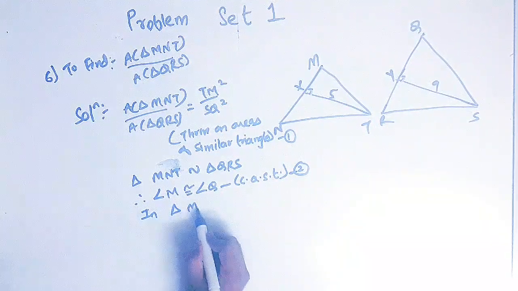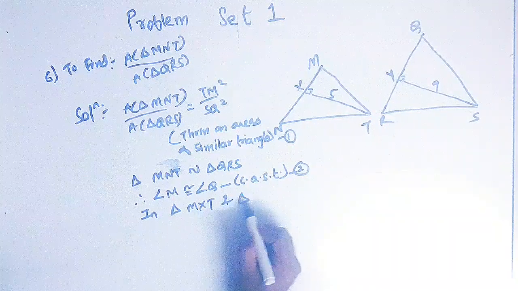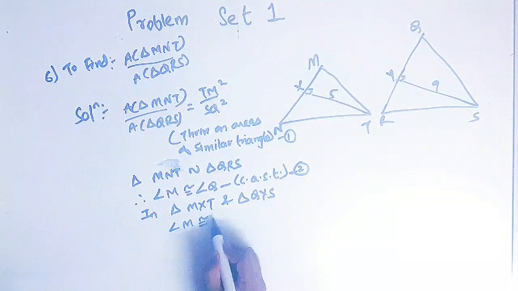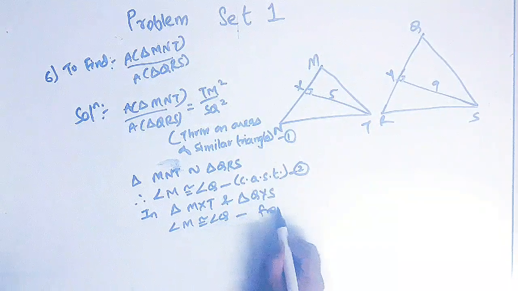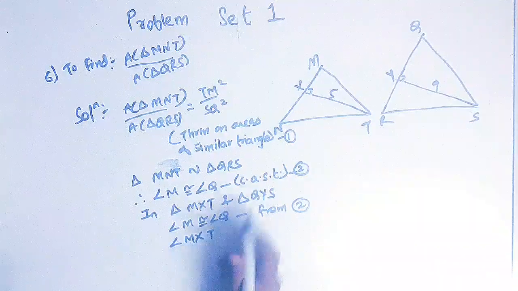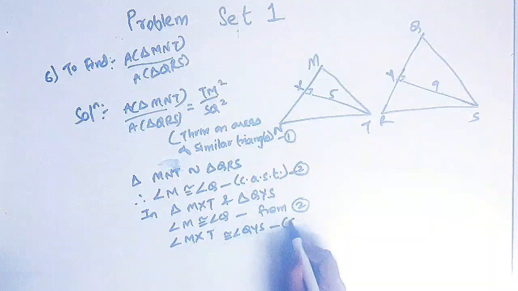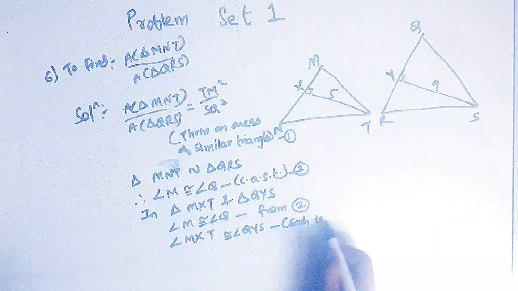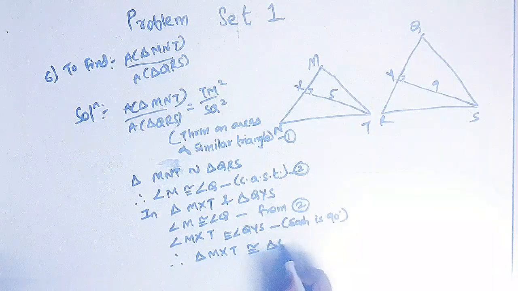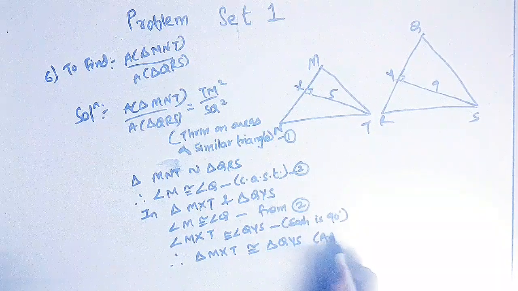In triangle MXT and triangle QYS, angle M is congruent to angle Q. This is from 2, and angle MXT, you can see it is 90 degree, is congruent to angle QYS. Each is 90 degree. Therefore, triangle MXT is similar to triangle QYS by AA test. Okay, this much we got.